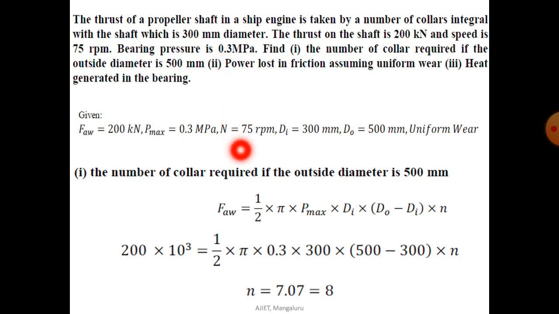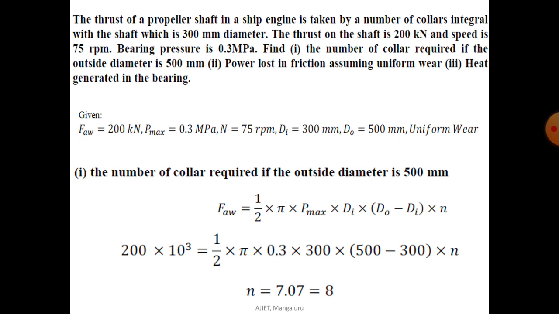N will be the speed, that is 75 RPM, and DI is the inside diameter of the collar, because it is a thrust bearing. In thrust bearing there are two types: one is called pivoted bearing, another is called thrust collar bearing. Collar bearing means there will be a number of collars, which we have already discussed.